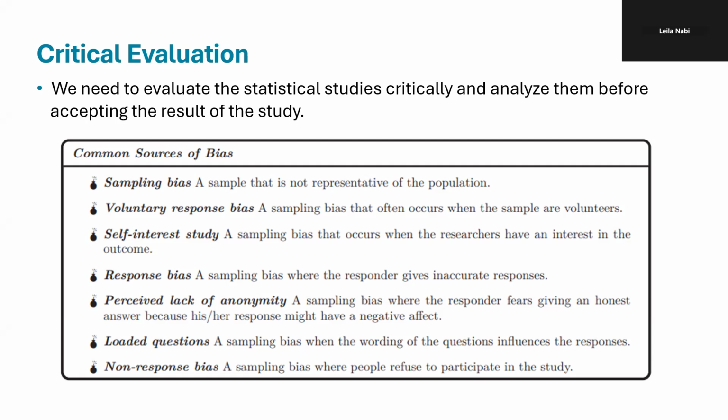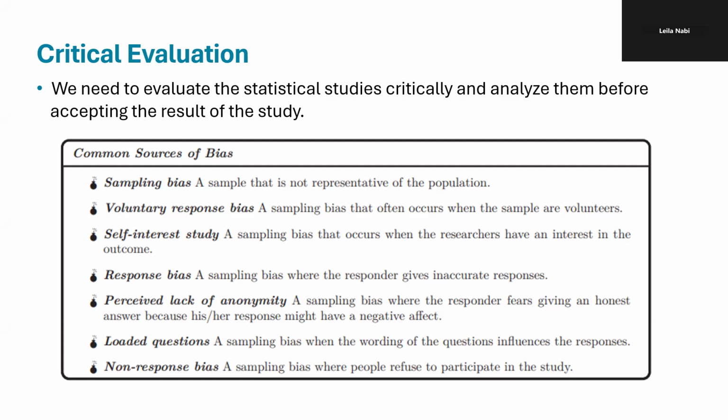A self-interest study is a kind of sampling bias that occurs when the researchers have an interest in the outcome. If in a study we see that the researcher has an interest in the outcome, that's called a self-interest study. That's a type of bias. Response bias is also a sampling bias where the responder gives inaccurate responses.